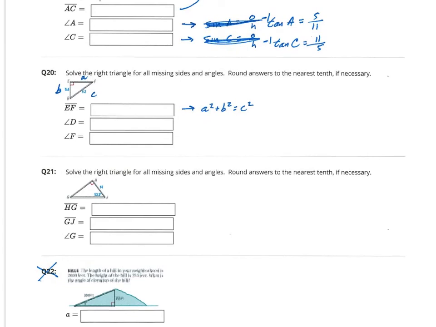Number 20, again, we're doing pretty much the same thing. You're going to use the Pythagorean theorem here on this first one to get EF, which is here.